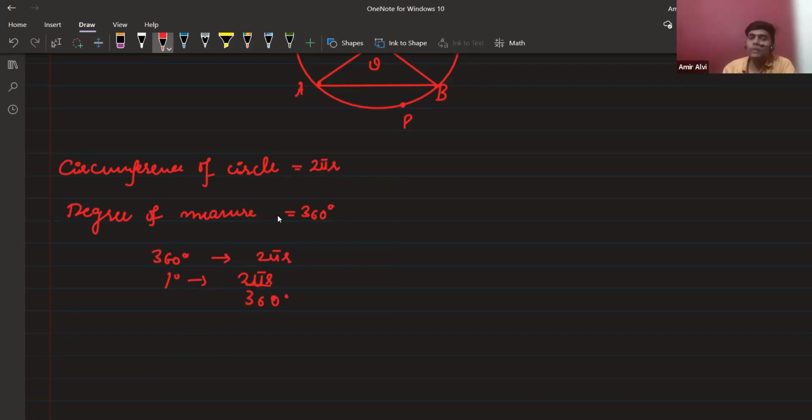If it's subtending the angle theta, do I need to multiply with this or do I need to divide with this? Adil said divide. See, just a minute hasn't passed, I've given the same concept.